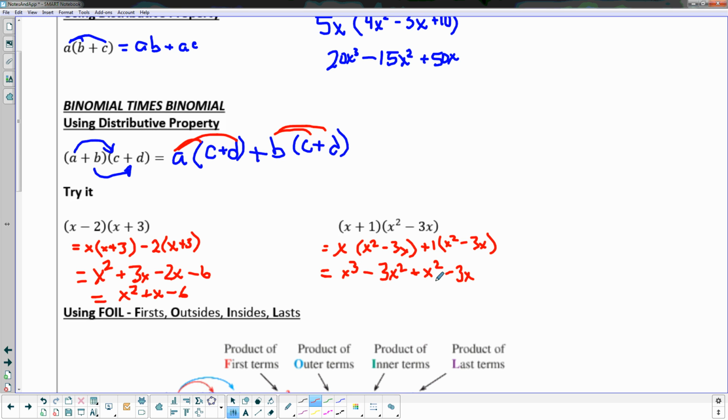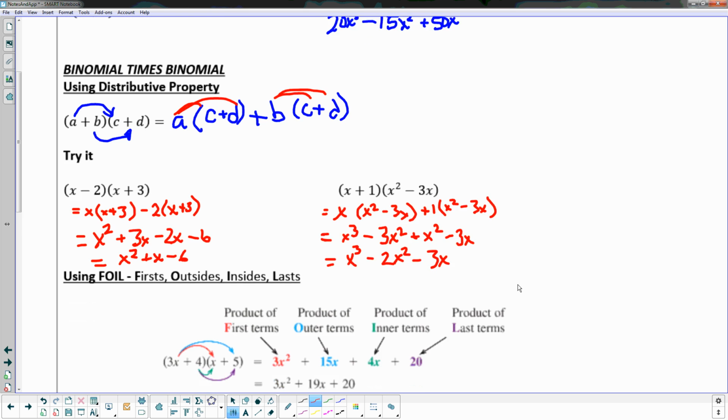So combining my like terms, they're right in the middle here, negative 3x squared and x squared. So minus 2x squared minus 3x. Okay. Now some people think that that's too difficult. That's too much work to look at distributing twice.